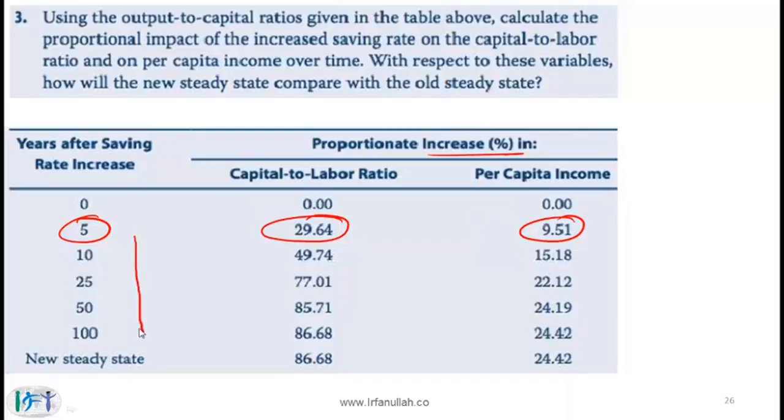Now over time, what will happen? Eventually, with the higher saving rate, the capital to labor ratio will stabilize, and here we see that this ratio stabilizes at 86.68%. So we are saying that eventually the proportionate increase in capital to labor ratio is 86.68%, and the corresponding percentage increase in per capita income will eventually be 24.42%. So this is our steady state or stable state.